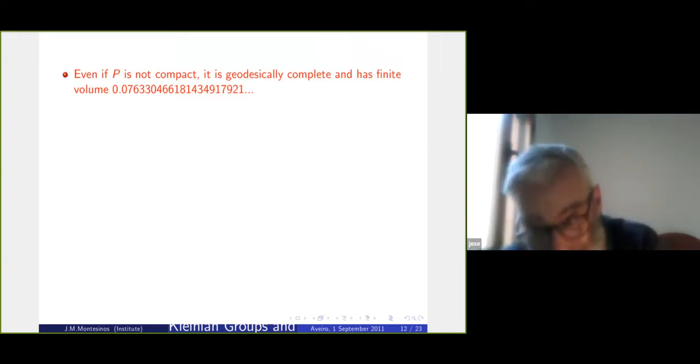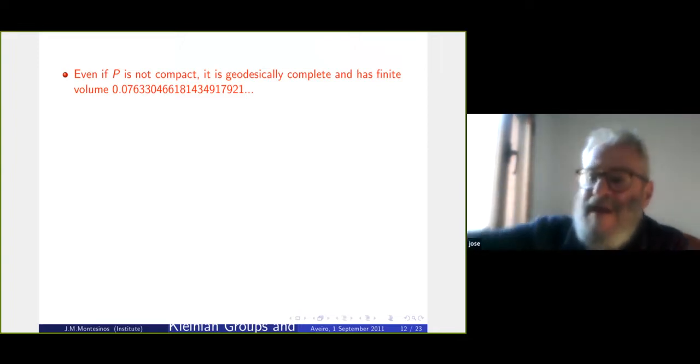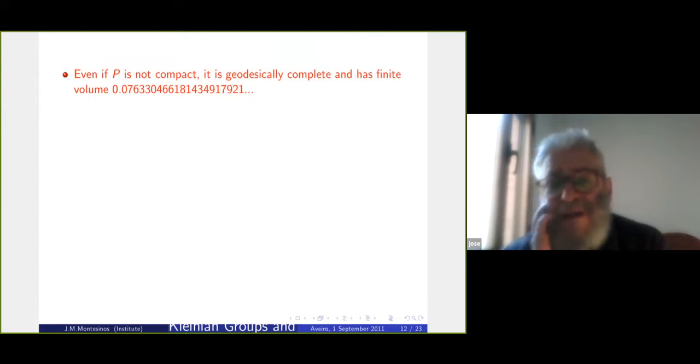So it is geodesically complete and metrically complete with any metric which is compatible with the group of isometries. And the volume is possible to compute, it is this number.